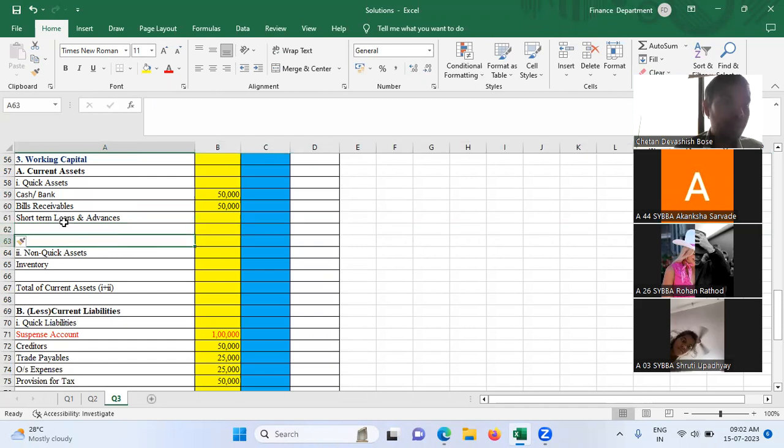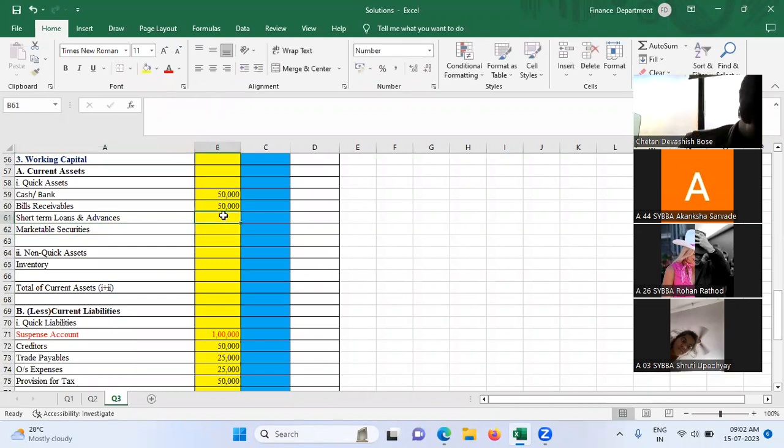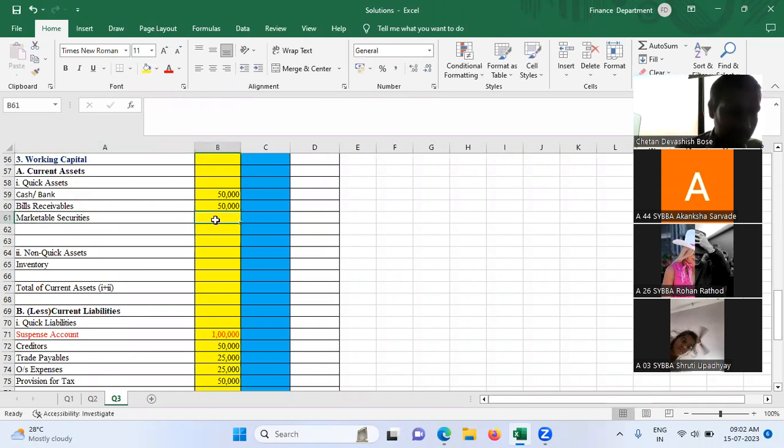So they are part of your current asset, quick asset. Short-term loans and advances: there's nothing known as short-term loans and advances for this question. There's only marketable securities here in the question. And what is the amount for marketable securities? It is 1 lakh.